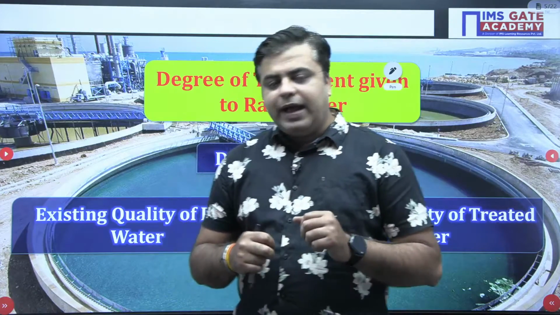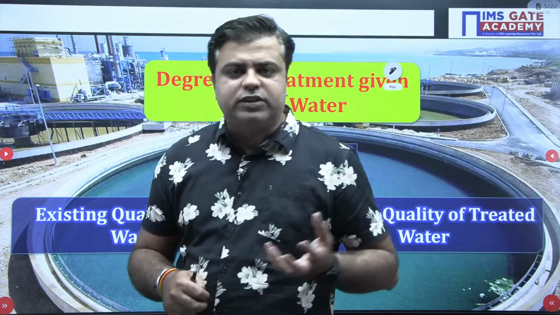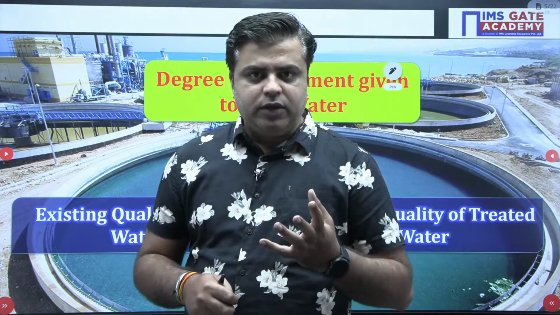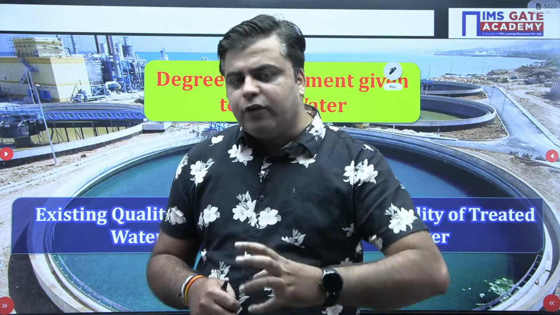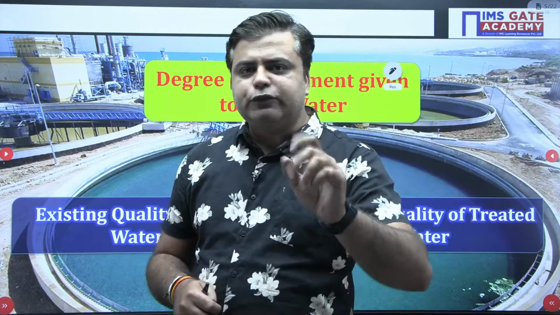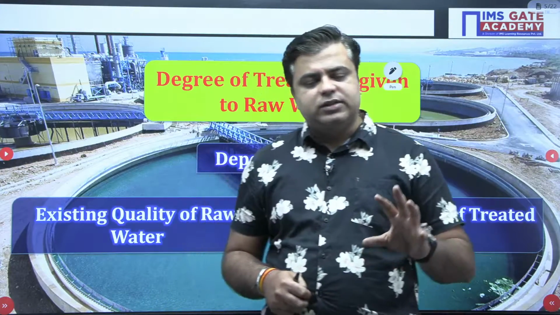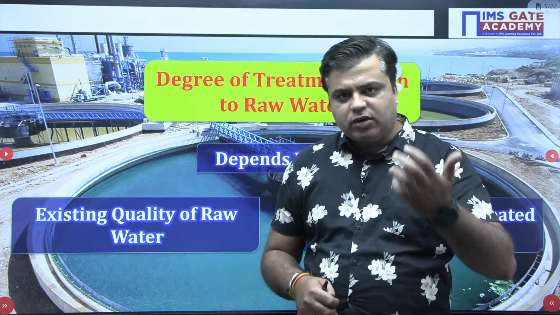As we know, the quality of water obtained from different sources of water will be different. Therefore, the degree of treatment given to the water will also be different. Just for an example, yesterday we discussed suspended solids, total solids and dissolved solids.